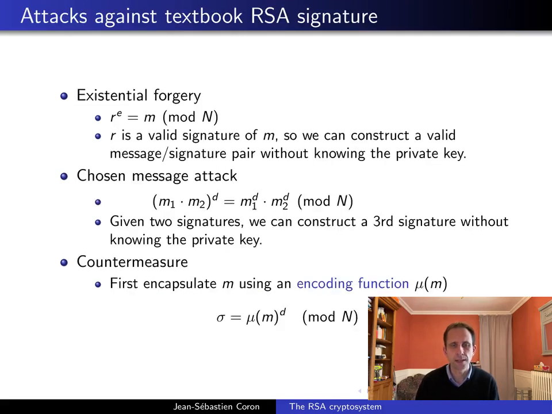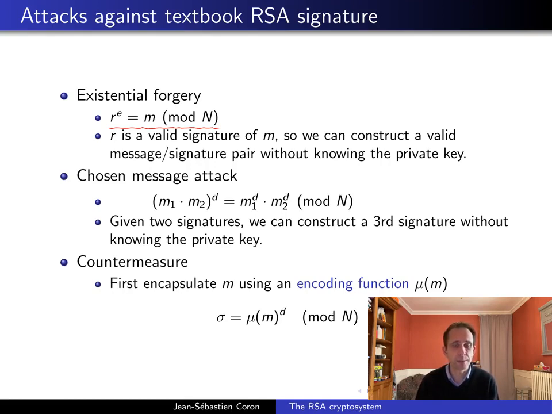So of course, as we have seen before, textbook RSA signature is not secure because we can describe two attacks. For example, the existential forgery: we can generate some arbitrary r, and if we raise r to e, we get a message m, which is also arbitrary.